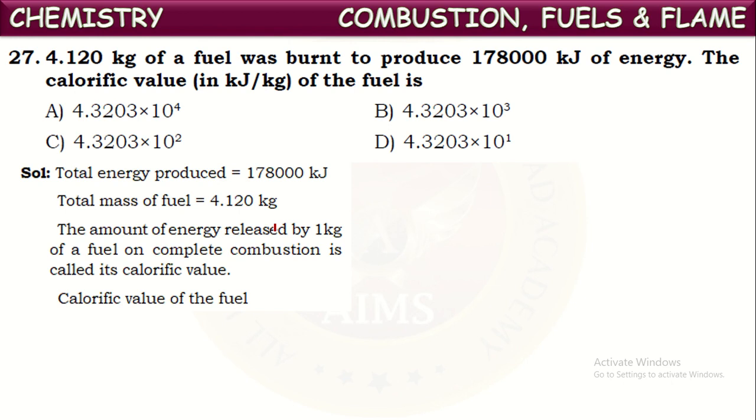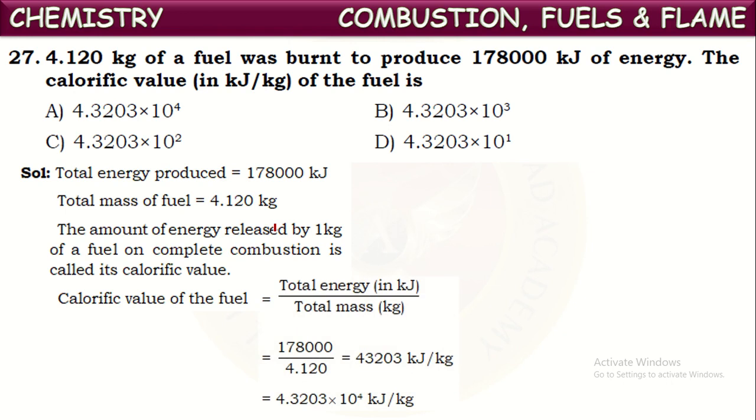Now we can calculate the calorific value by using the formula: total energy produced divided by the total mass of the fuel taken. What is the total energy produced here? 1,78,000 kilojoules. And the total mass of the fuel taken is 4.12 kilograms. So by doing the calculation, we get 4.3203 into 10 to the power of 4 kilojoules per kilogram.